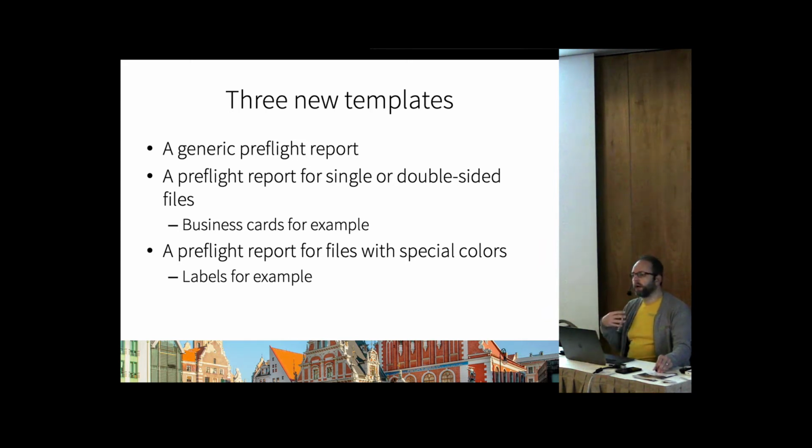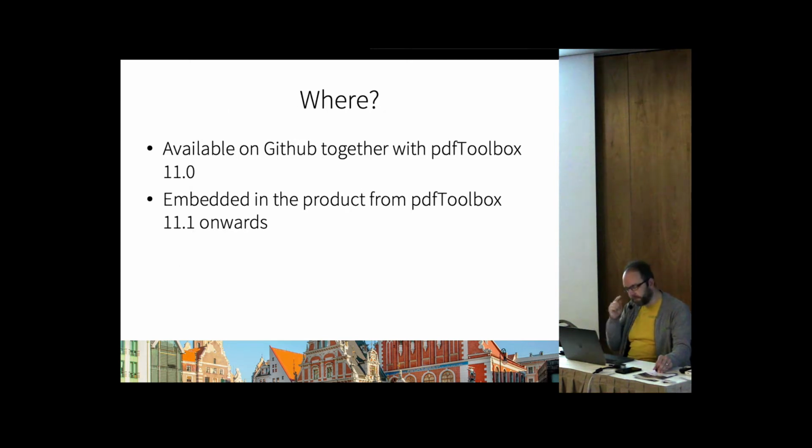If you go back to the customer and you say, this is your file that I pre-flighted, this is what it looks like, and this is the special layer that is on there. So we've also created something that implements that.